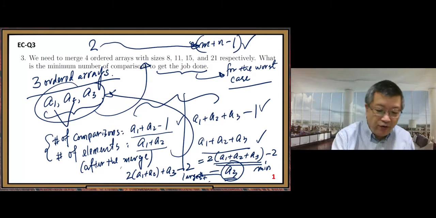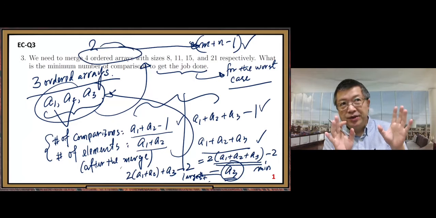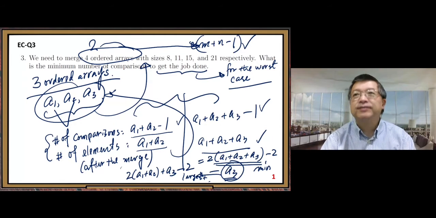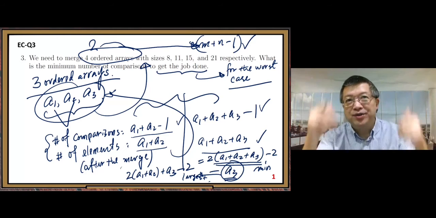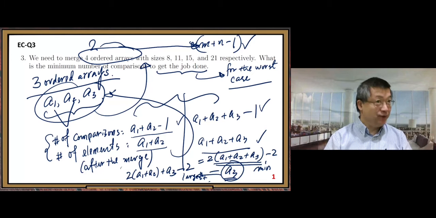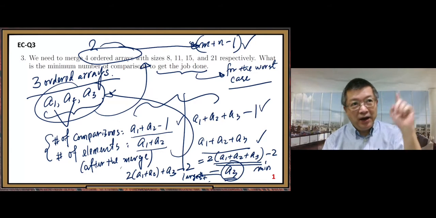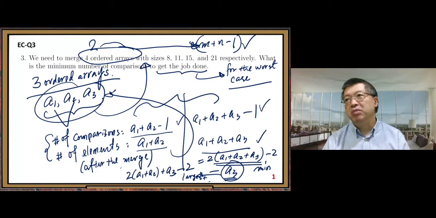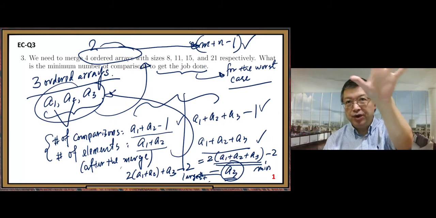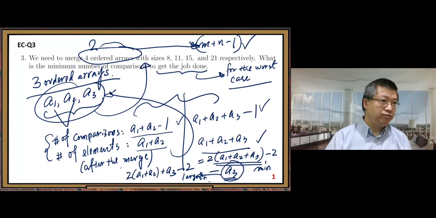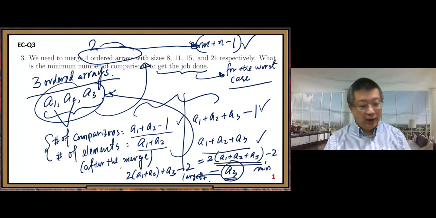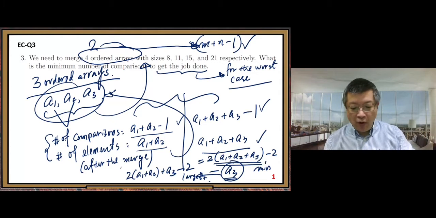Can you work on the 4 ordered arrays case using a similar idea? You're pretty close to the solution. Here I introduce the strategy you should use later on when you try to solve new problems yourselves. All right, next question, number 4.